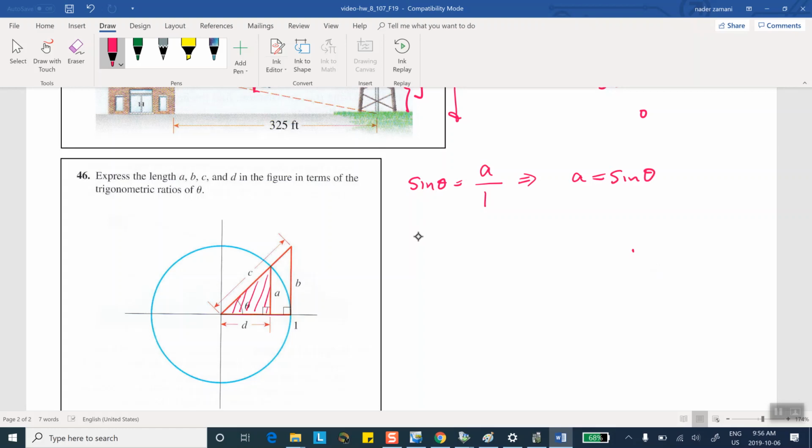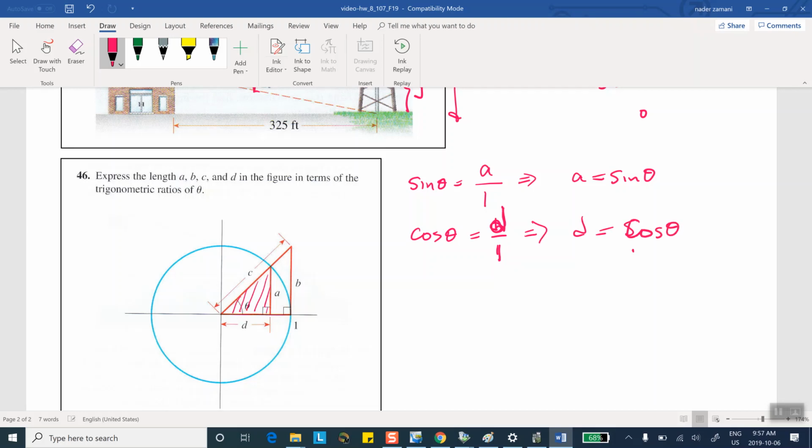Likewise, if you look at the cosine, D over 1, adjacent over hypotenuse, which is 1, that means D is equal to cosine of theta.